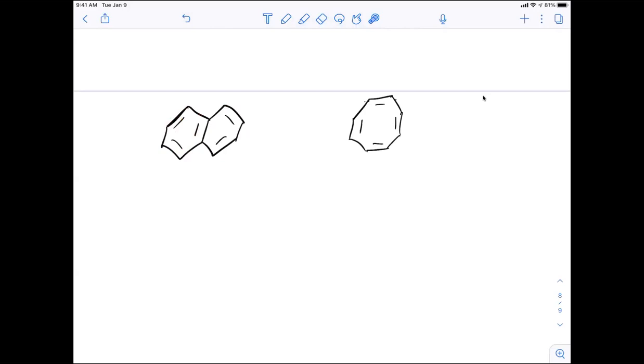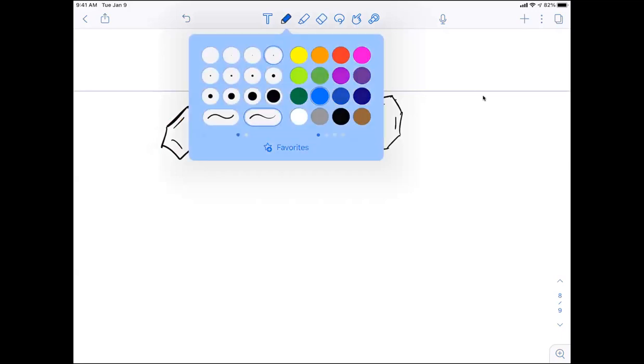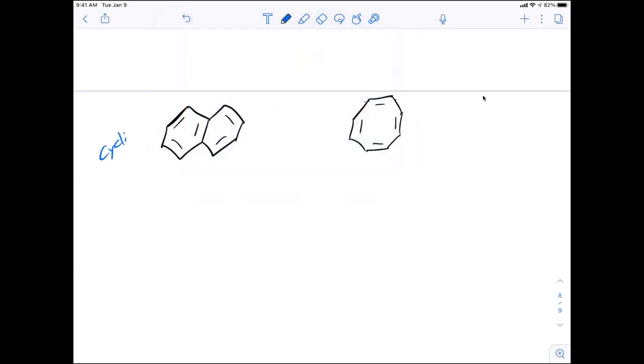What would I have if I had another 6-membered ring right next to it made of 120-degree angles? Would that be planar? Yes. So it is cyclic. It is a planar structure. And then what is my number of pi electrons?